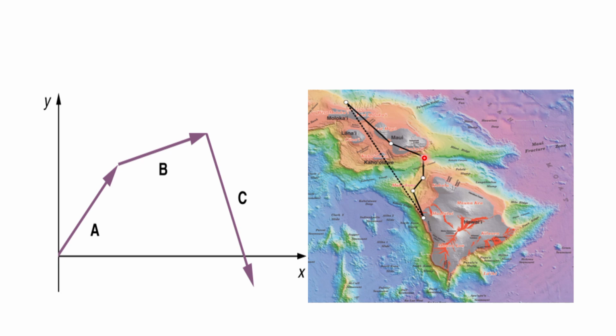We follow the same method until all are ended over here. Now the resultant is from the tail of the first vector to the head of the last vector. That will be the dotted line. You can see this is the resultant vector of the addition of vectors. So this was a very simple and beautifully managed method of the addition of vectors, and it is really visual and easily understandable.